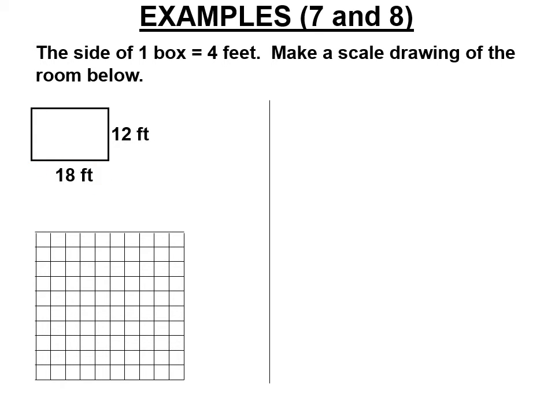So now we're going to use one box equals 4 feet. So, right, 12 feet times one box equals 4 feet equals 3 boxes, right? You're dividing by 4. So this side will be 3 boxes long.